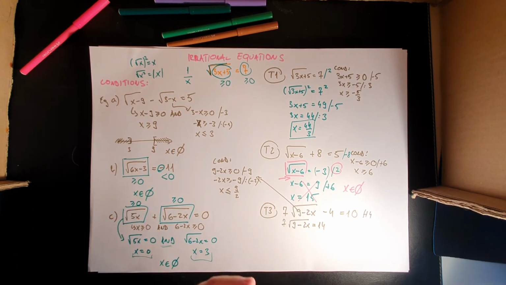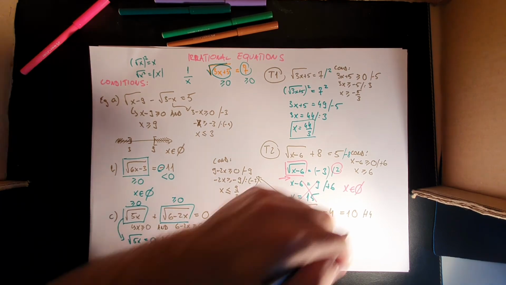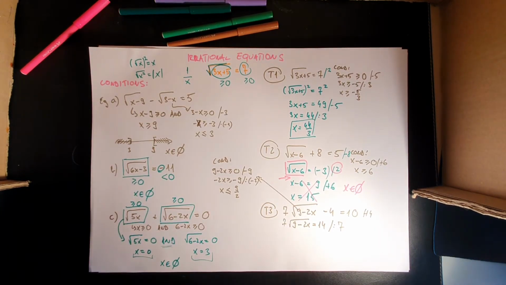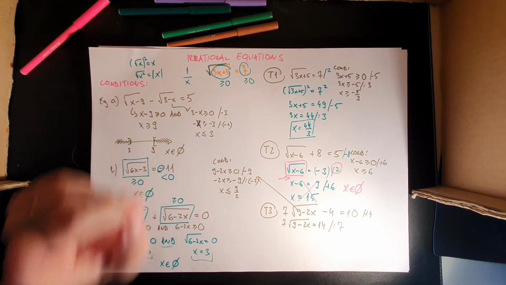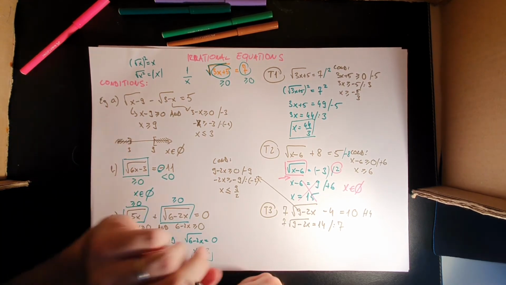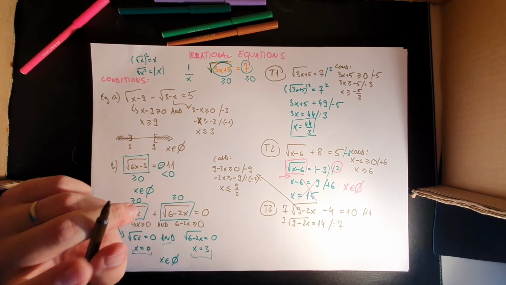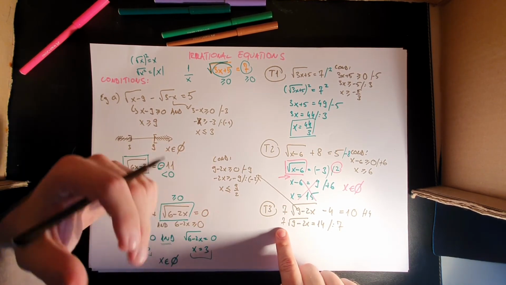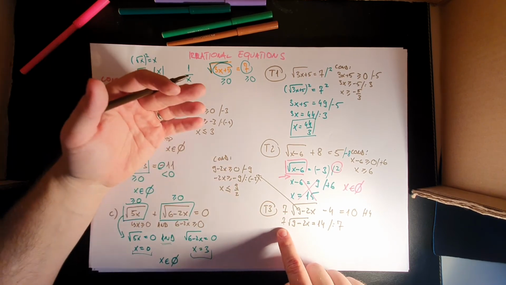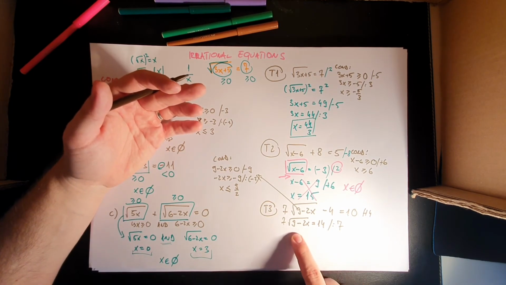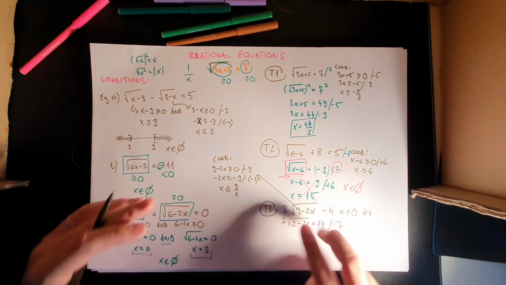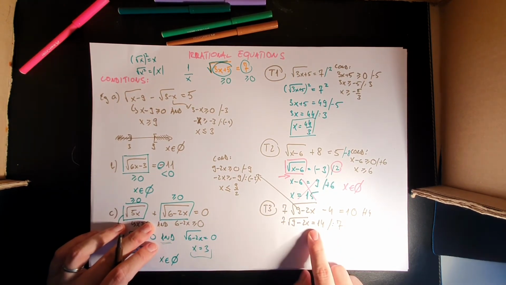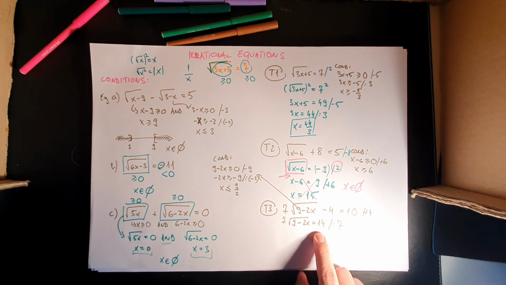Just make sure if you square now, that you don't forget to square the 7 too, so 7 squared times the square root of 9 minus 2x squared, is equal to 14 squared.